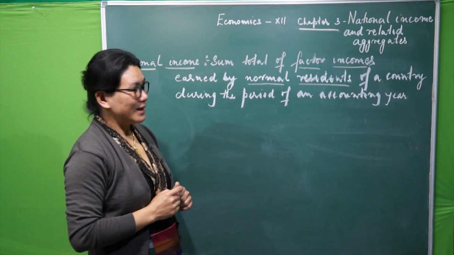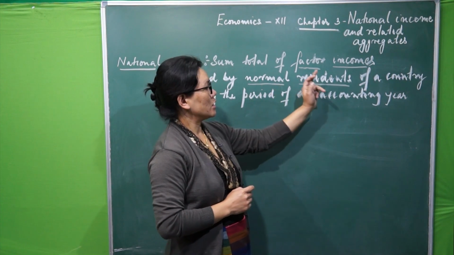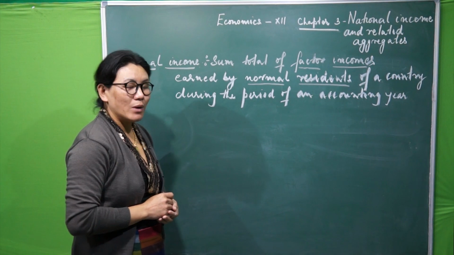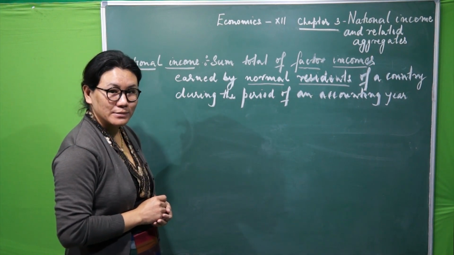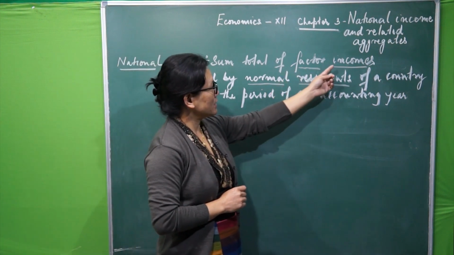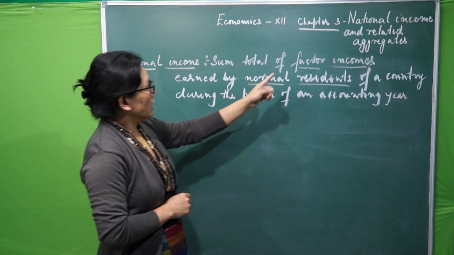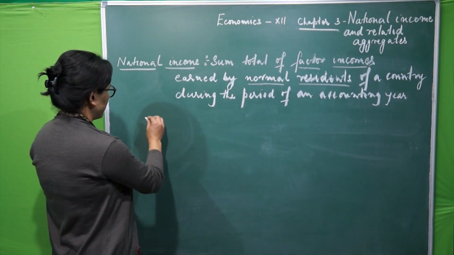We say national income includes factor incomes as well as normal residents of a country. Now we have to understand the meaning of factor income and normal resident. First one, what is this factor income?